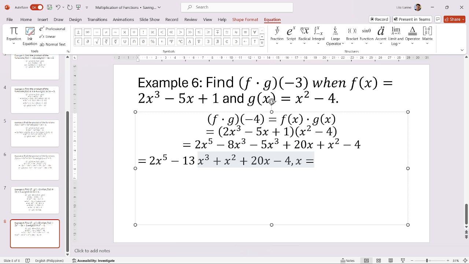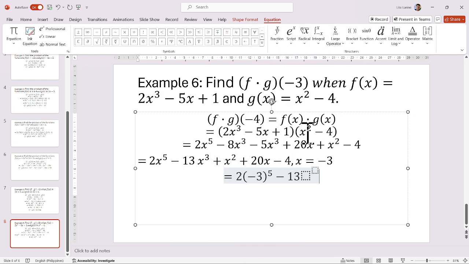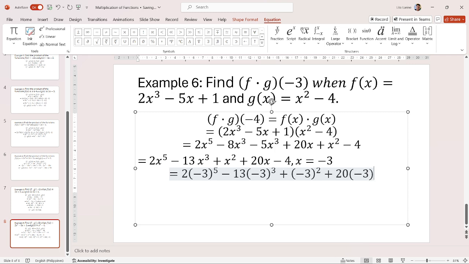And then we will substitute x equals negative 3. Okay, substituting, we have 2 multiplied by negative 3 to the 5th power, minus 13 times negative 3 cubed, plus negative 3 squared, plus 20 times negative 3, minus 4.